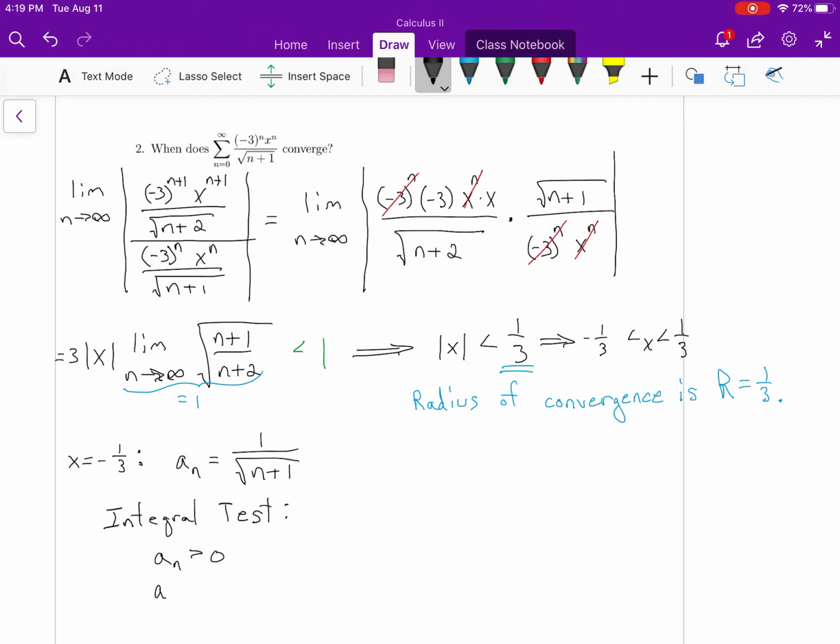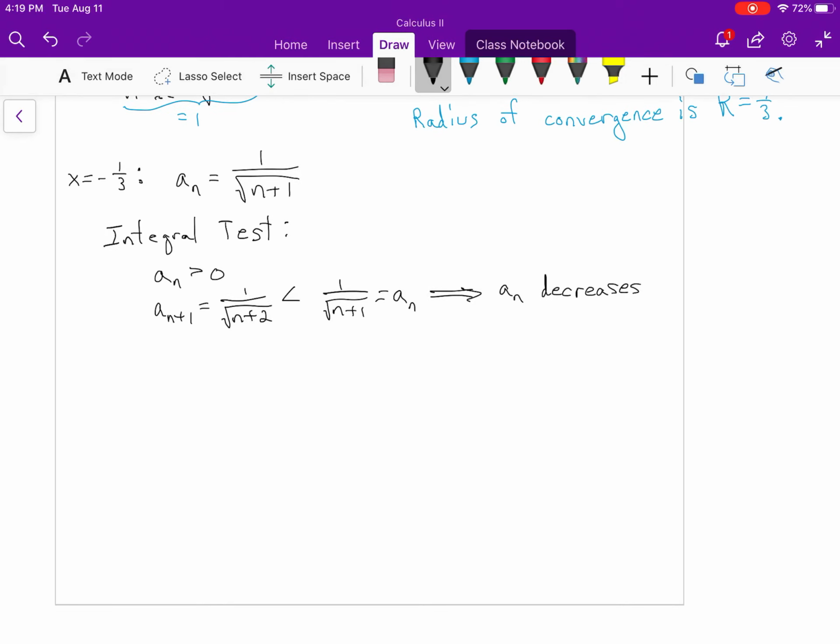I could also see that a_(n+1), which is going to be 1 over the square root of n plus 2, relates to 1 over the square root of n plus 1, which is a_n, in that it is always going to be less than that, which means that your sequence is decreasing, which is another requirement.